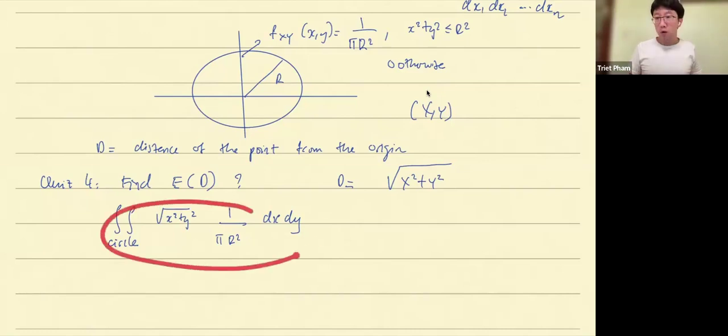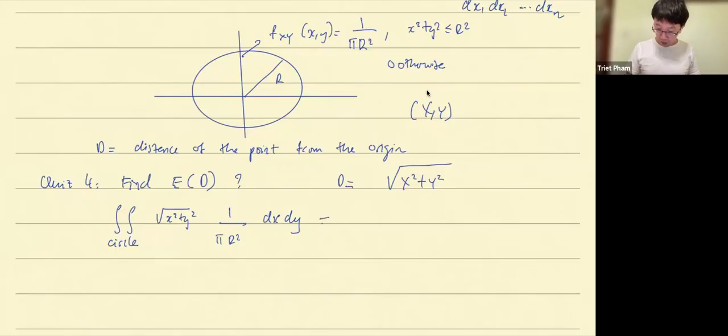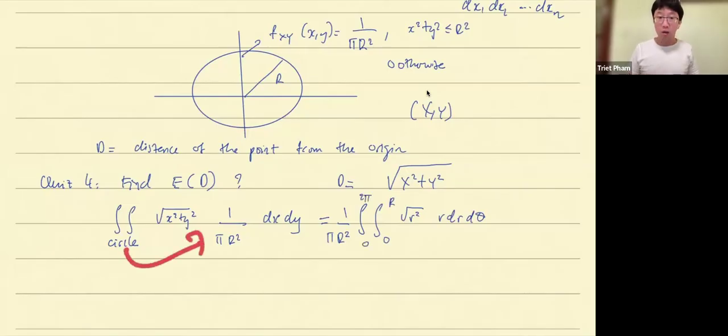To do this, you need polar coordinates. So this will be the integral of the square root of r squared, times r, d theta. Factor this out, where r goes from 0 to big R and theta goes from 0 to 2 pi. So we need to switch to polar to do this integral.